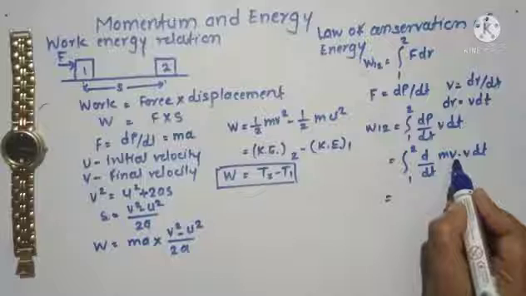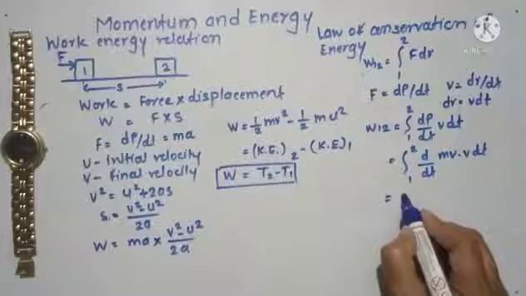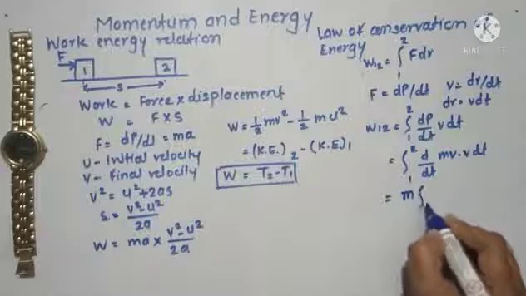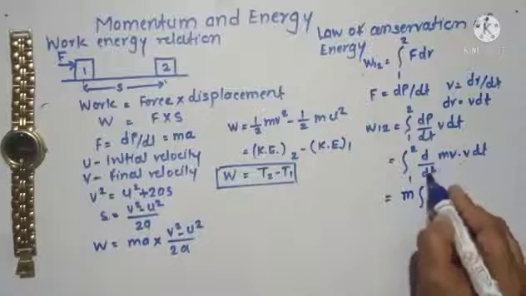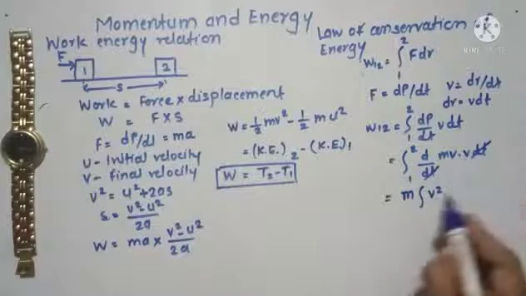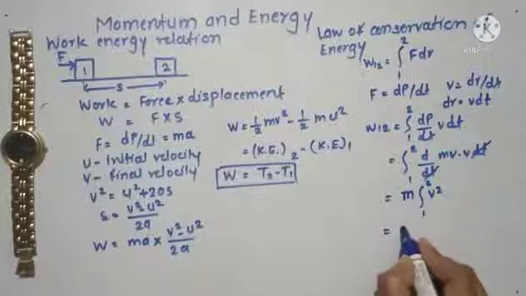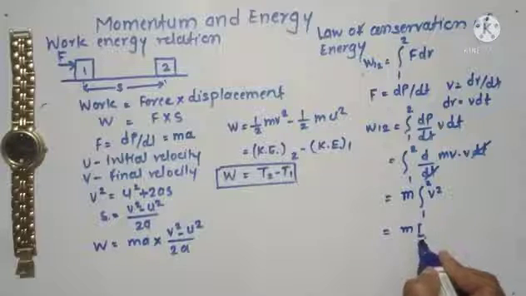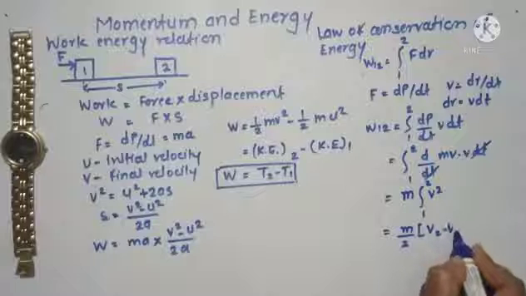So this v into v will become v square. This m is constant, so it will come out of this integration. So we are going to get the integral of v square, and this dt will get cancelled. So from 1 to 2, this is nothing but m upon 2 into v2 minus v1.